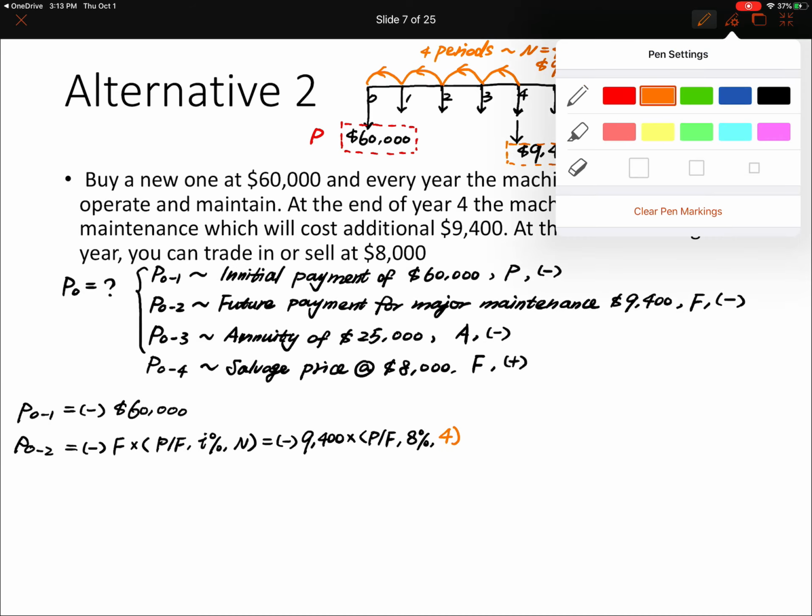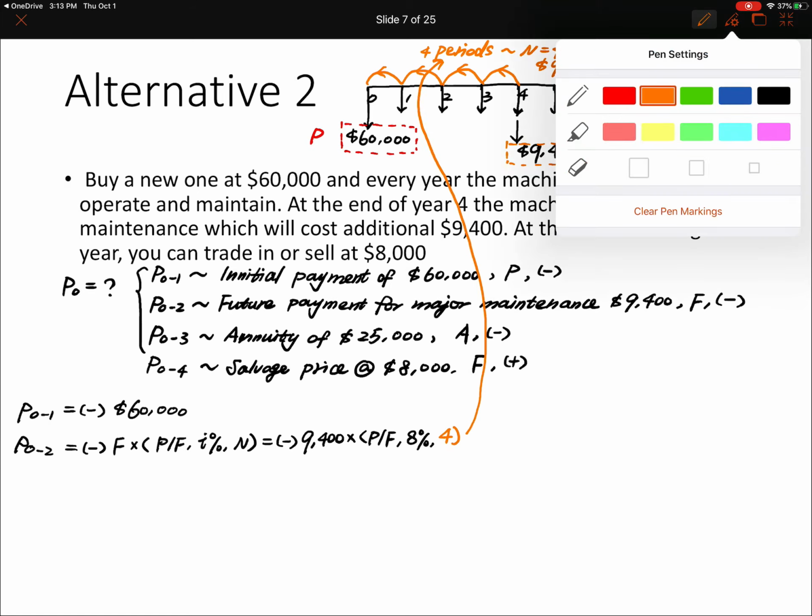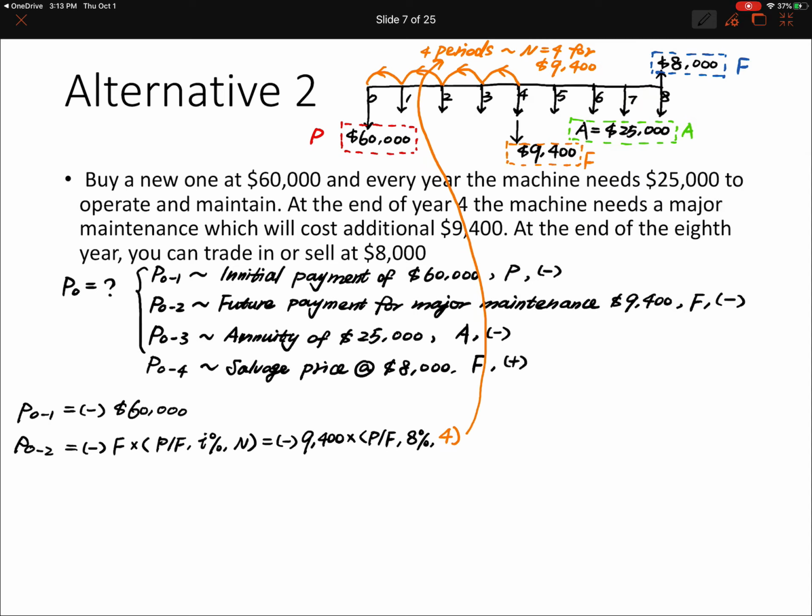Okay? So here it is, n is 4. And I want to just show this to you. Alright, so now you're looking at the table to find the factor.